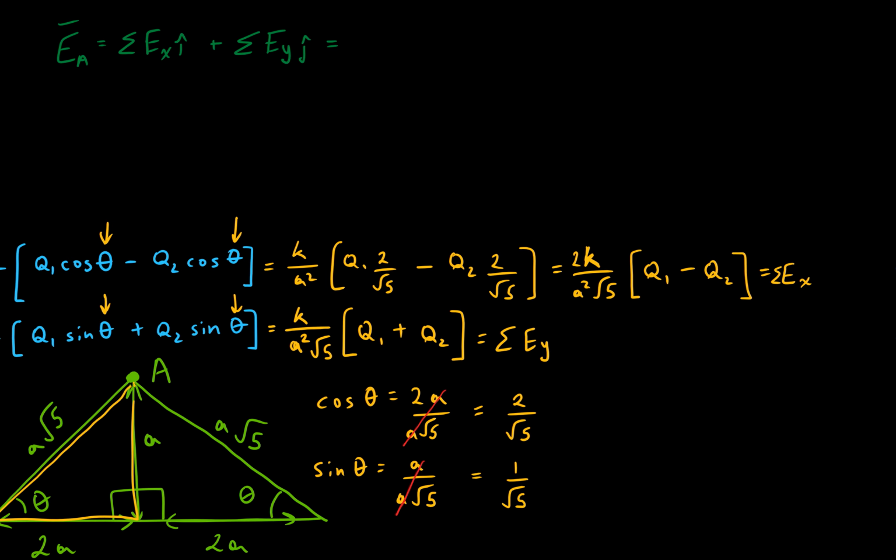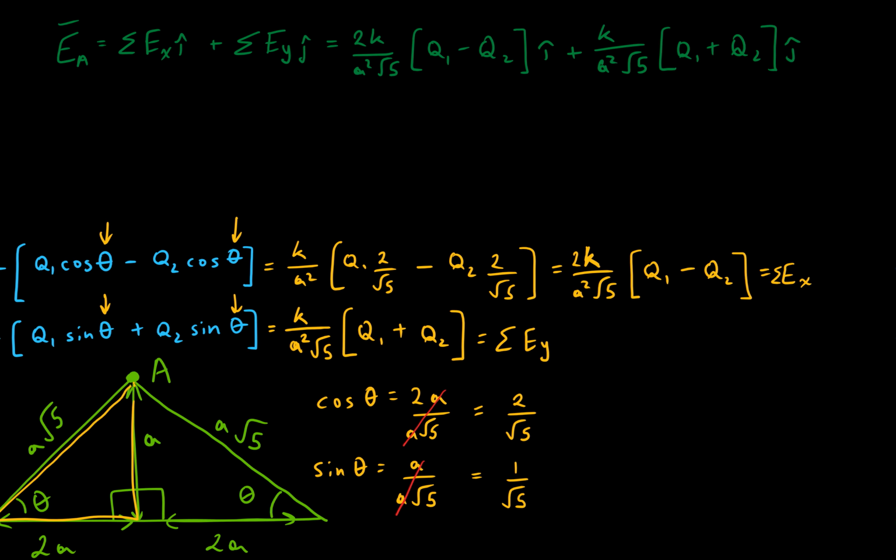which is all going to equal, so we see in one part for the x component we have 2k over a squared square root of 5 multiplied by q1 minus q2 i hat, plus k over a squared square root of 5 times q1 plus q2 j hat.